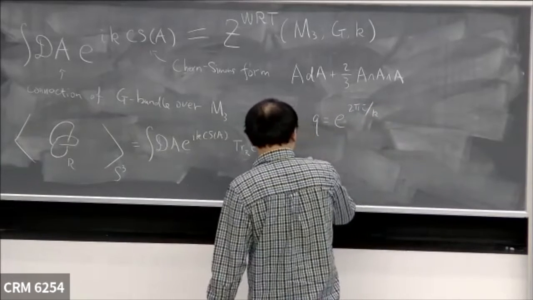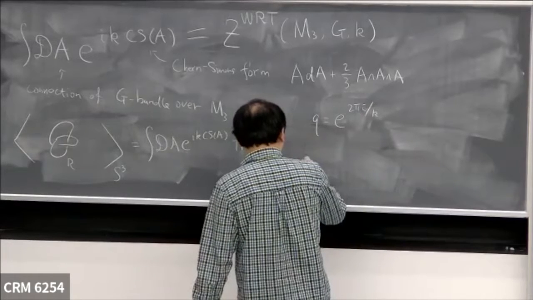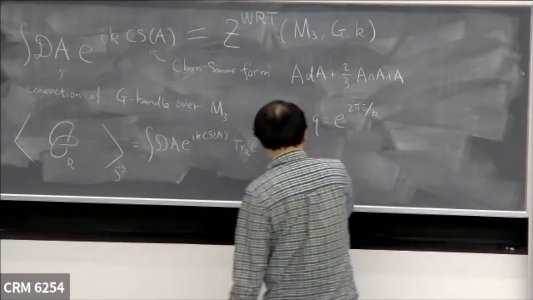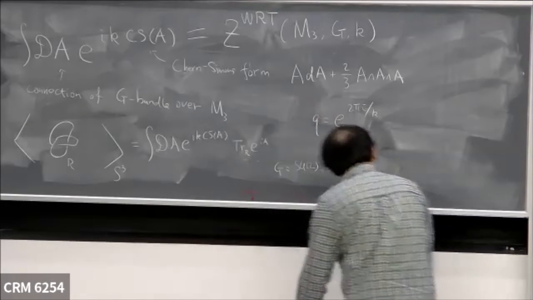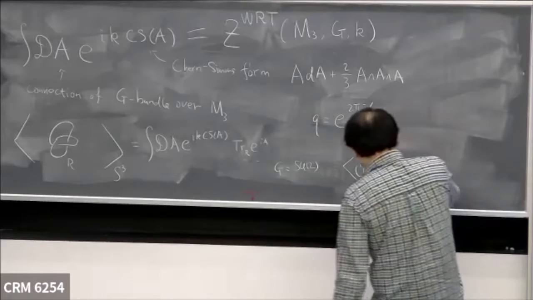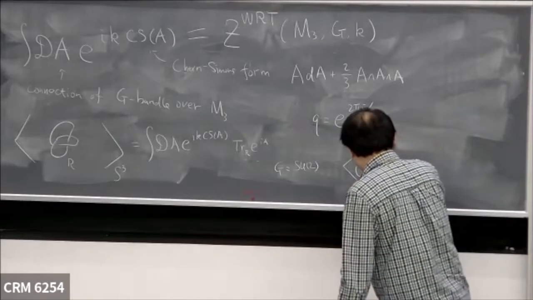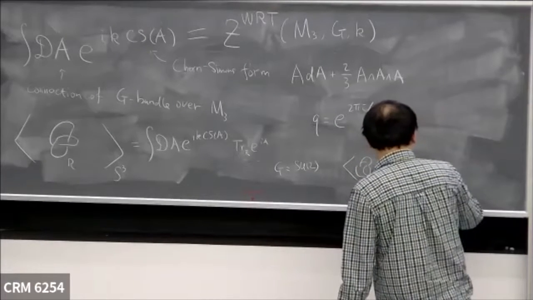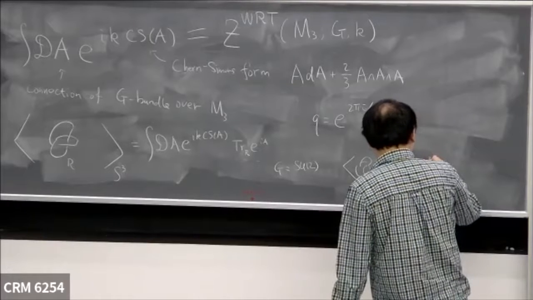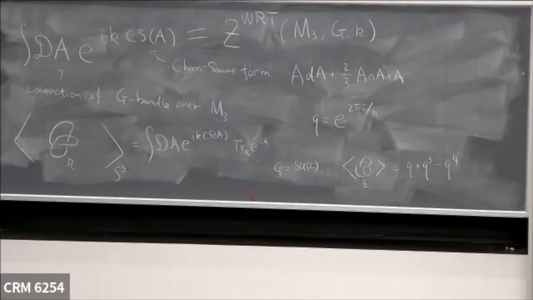In the simple case where we have SU2 and the trefoil knot, colored by the two-dimensional representation, then this is q plus q cubed minus q to the fourth power. I hope I got that part correct.